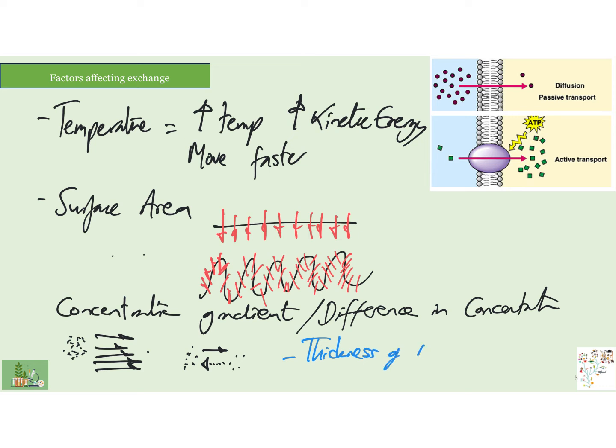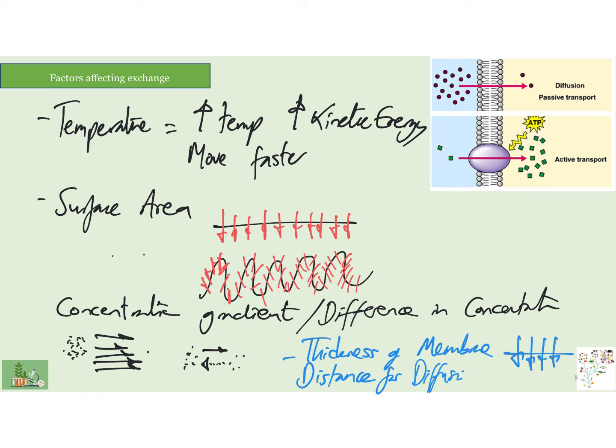The final one then is thickness of membrane, which is exactly the same as the distance for diffusion. The way I like to think about this one is, imagine you yourself are climbing into a garden. If there is one fence to climb over, you are going to be there very, very quickly.